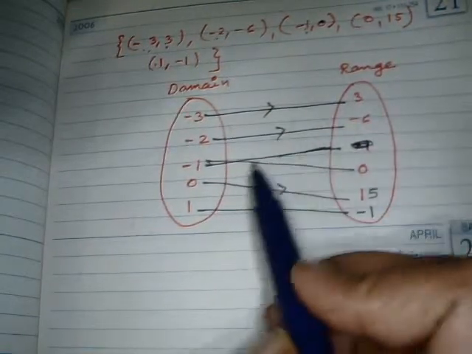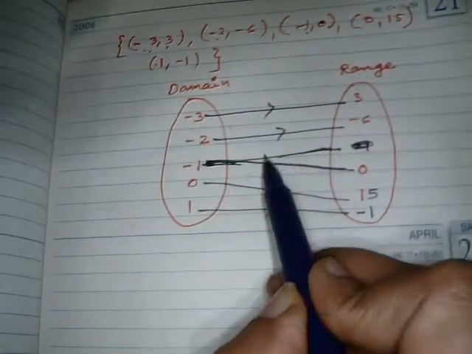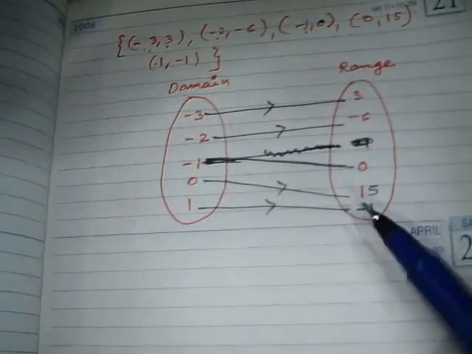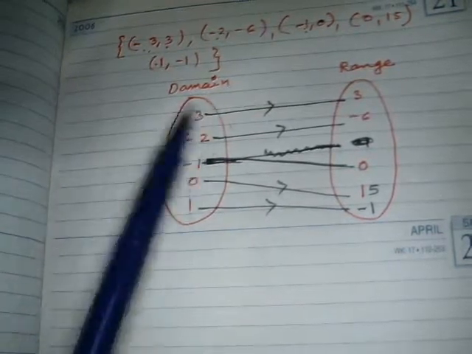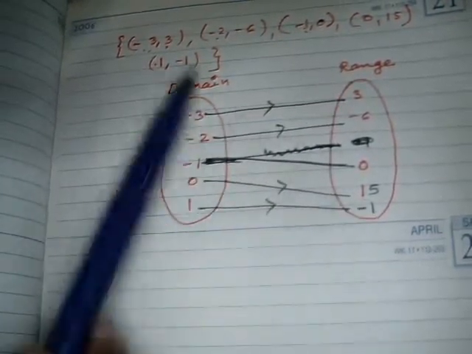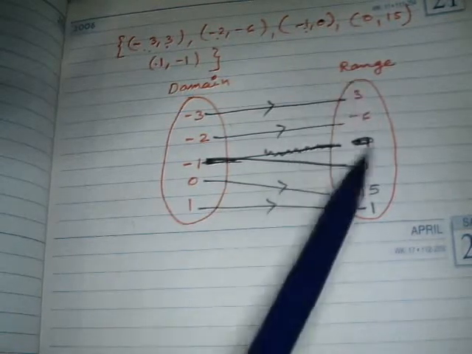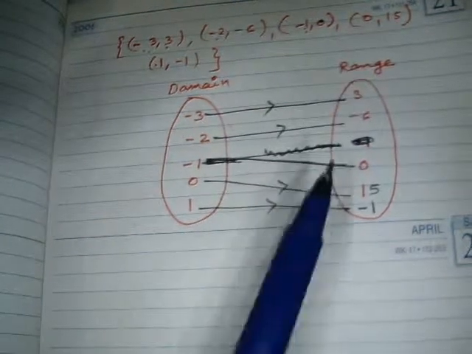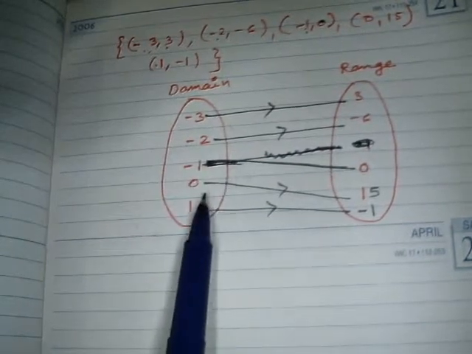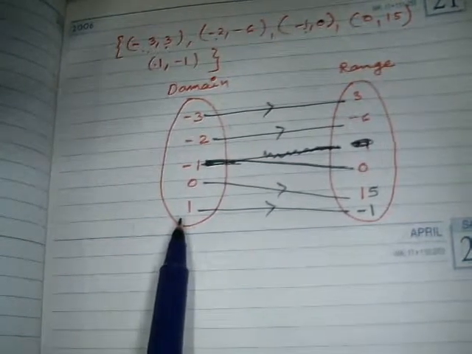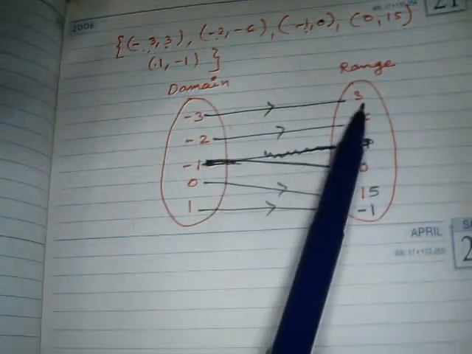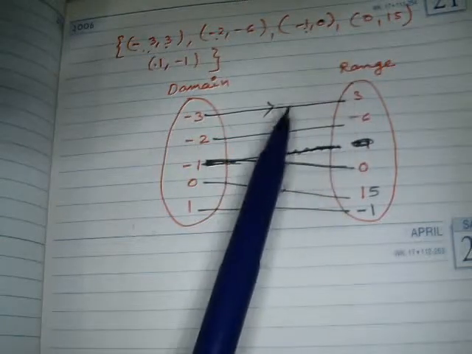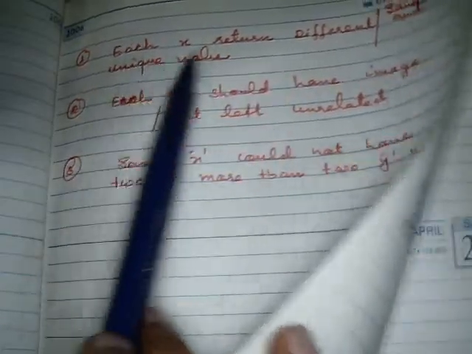So to decide whether it is going to be a function or not: first, every x has an image, meaning every x is related with some value of y in this range. The first point is satisfied. Now the second point, we need to check that each x should have an individual, same, unique image. Yes, it is returning a different value.